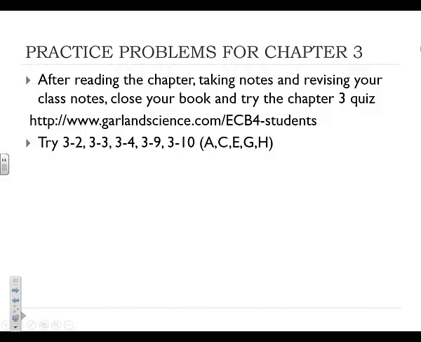And I have some practice problems that I've listed here that are in your book. Again, the answers to the practice problems are in the back of your book. And there's also a practice quiz that you can find as the Chapter 3 quiz, so those multiple choice questions.